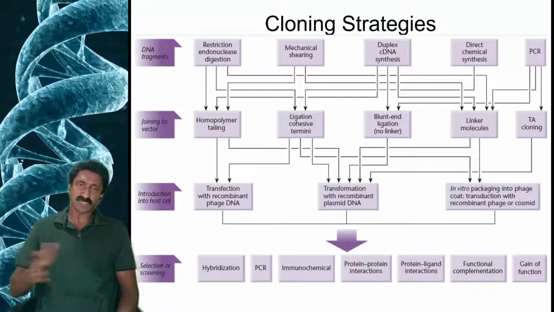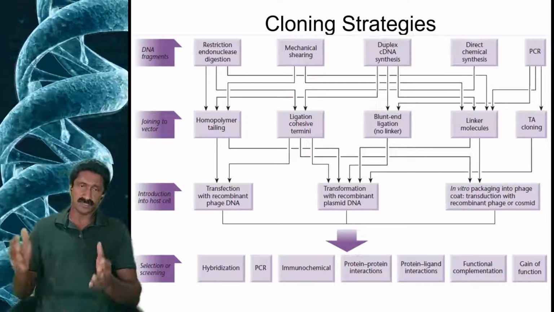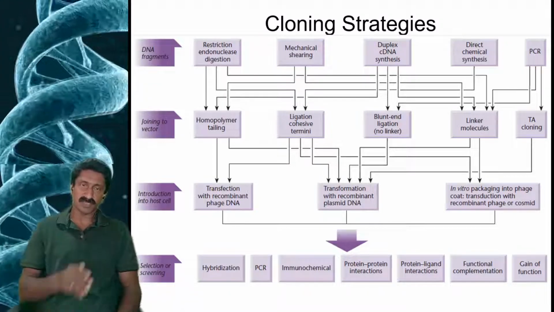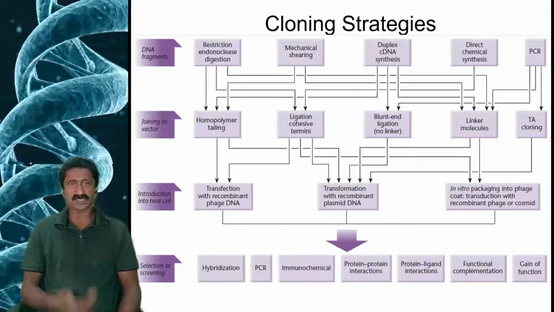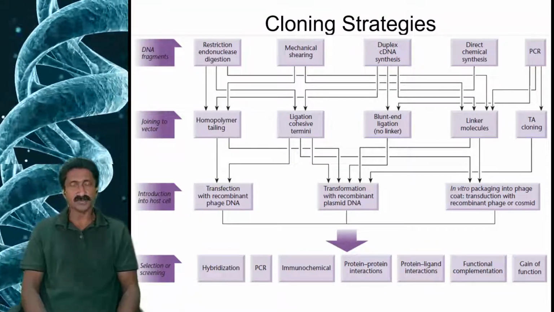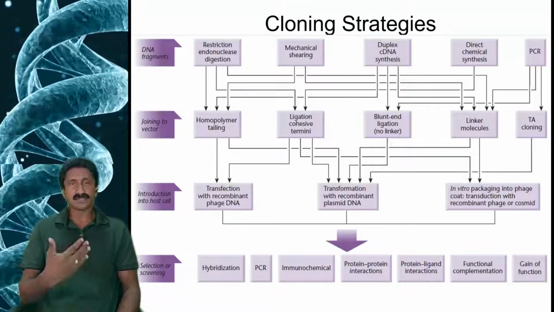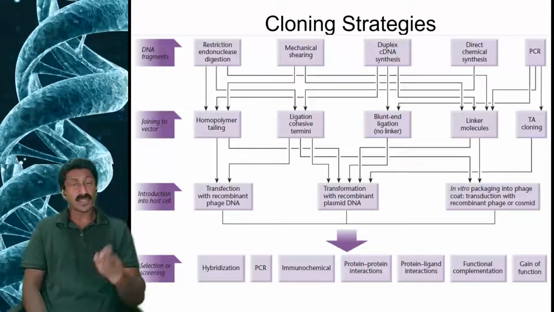The machine will synthesize the complete gene of interest or the fragment of interest by pure chemical synthesis. Such DNA synthesizing machines are available, and direct chemical synthesis is also another option.